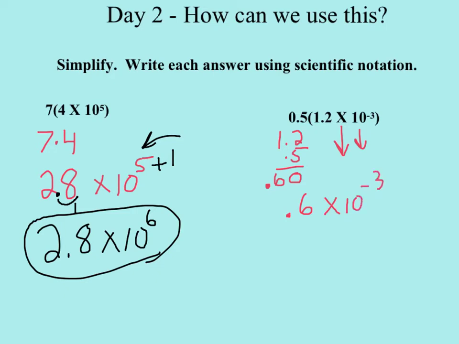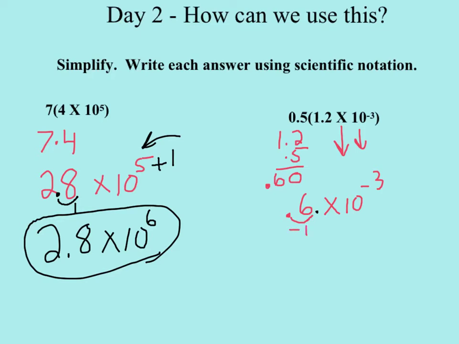Now, I need my decimal here so that this number is between 1 and 10. So I'm going to move it over one spot. Because this is a small number, less than 1, this move's going to be a negative move. So I'm moving this way, so that's a negative 1.